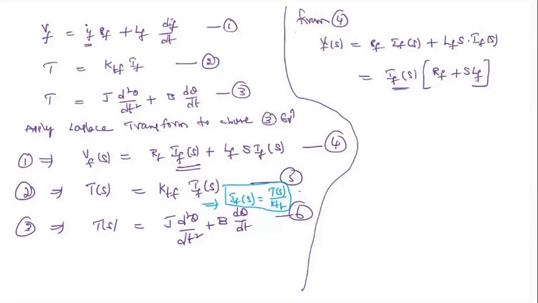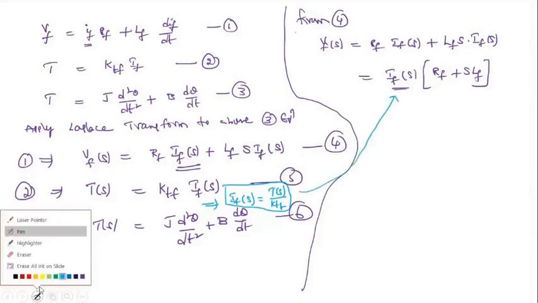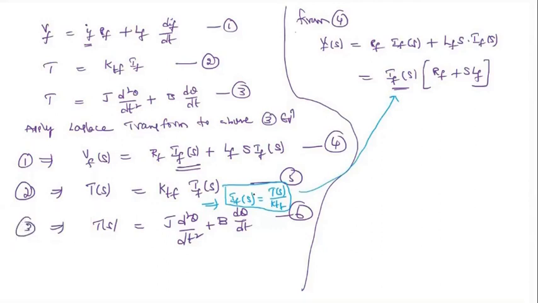Now this will be substituted here. If I substitute here, I get Vf(s) is equals to, instead of If(s), I substitute T(s) by KTF, into Rf plus sLf.